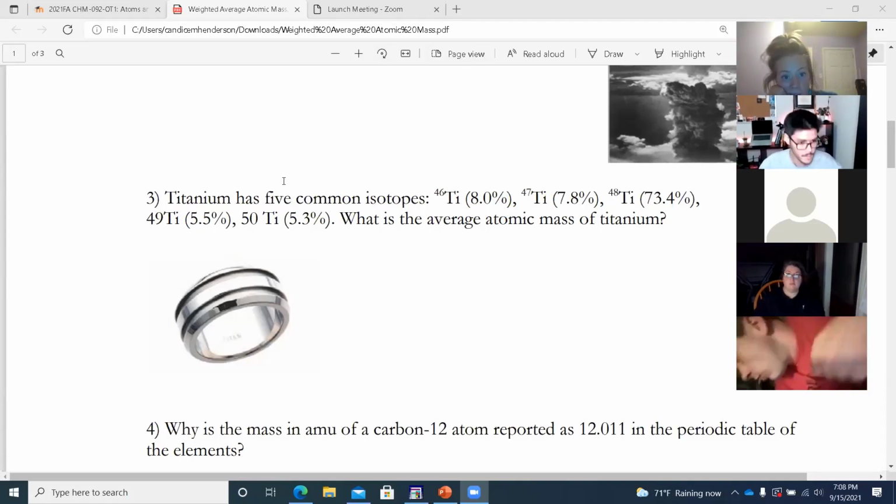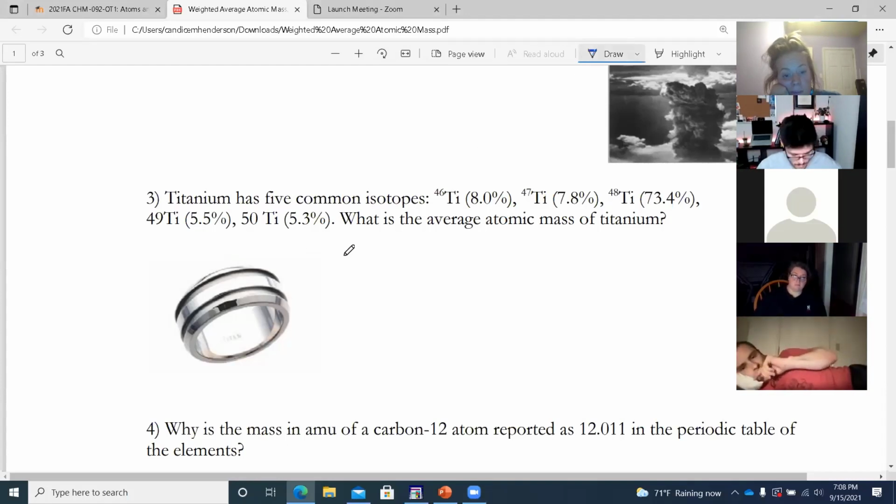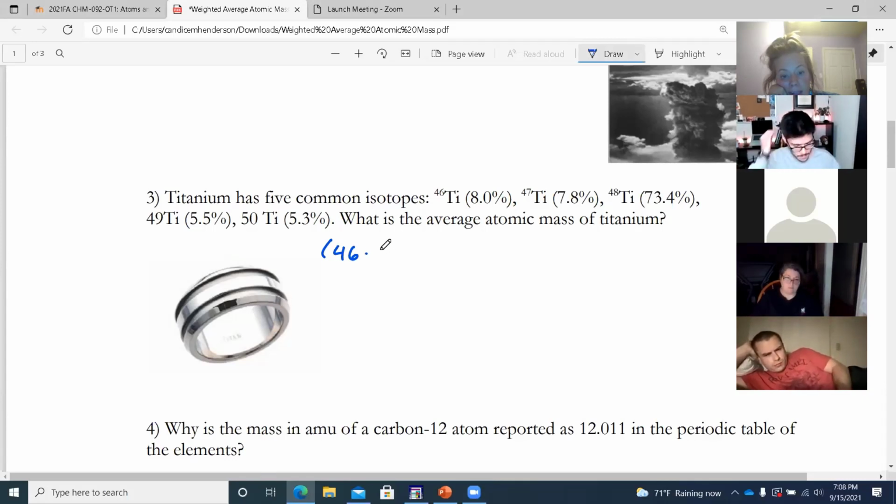All right, so there are 5 individual isotopes that we have to take into account. The first one has a mass of 46, and we're going to multiply it by its percentage, which is 0.080. The next one is a mass of 47, and we're going to multiply that by its percentage, which is 0.078.